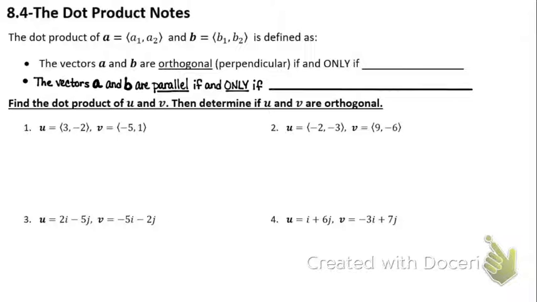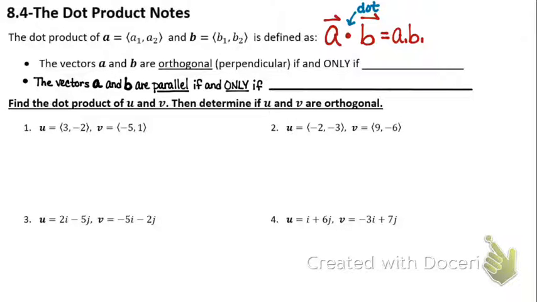So the dot product of two vectors is defined as follows. If you take a vector A and you dot it with a vector B, we read this as "dot." I know it looks like a multiplication symbol. It is not. So A dot B is defined as A1 times B1.